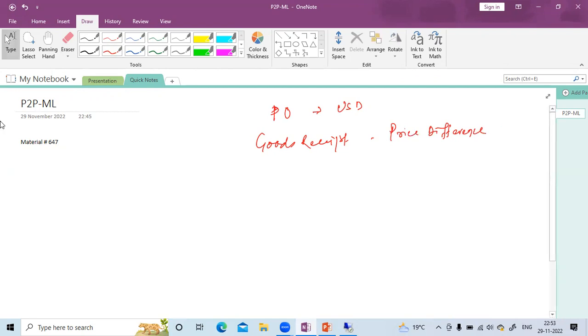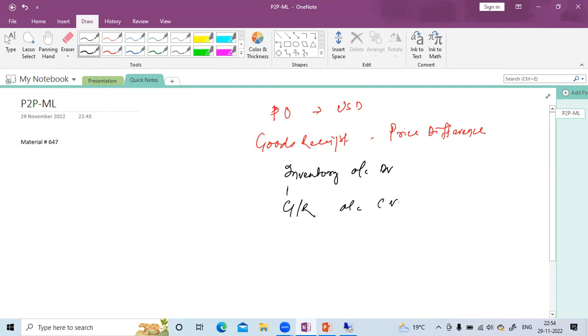And when we process the goods receipt, as you know, an accounting entry will be posted. In the accounting entry, the inventory account is going to be debited. Then the GRIR account is going to be credited.